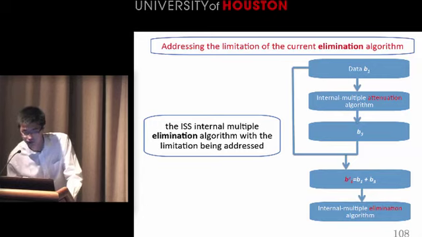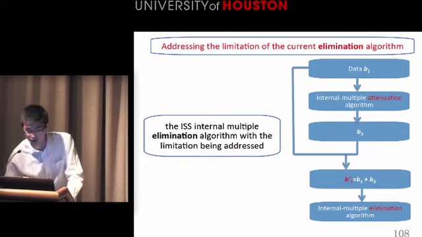We first put the data into the attenuation algorithm and predict B3, and we combine B1 and B3 to get a new set of data, B1 prime, and use that B1 prime as input to the internal multiple elimination algorithm, so that we can address the limitation of the current elimination algorithm.